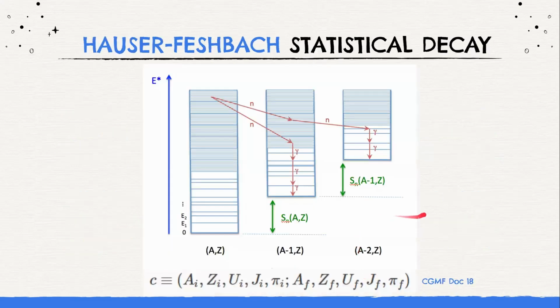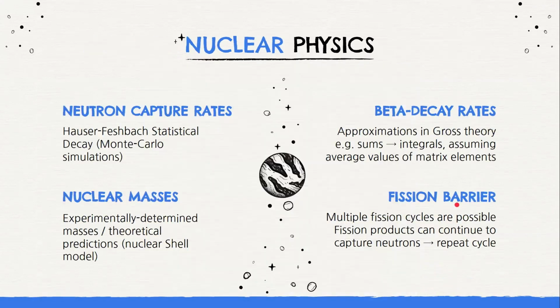You can see here some of the schematic diagram. At first there's this ground state AZ, and here it shows some of the possible decay paths into other forms. We can define channel C with these parameters, and using this, we can put it into a simulation.